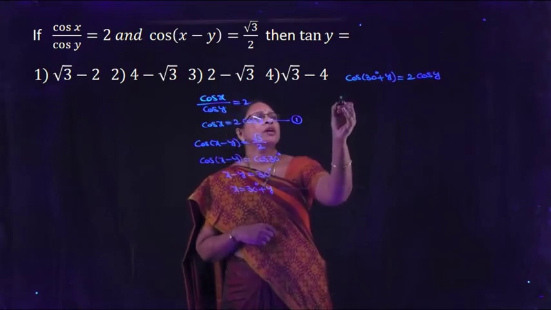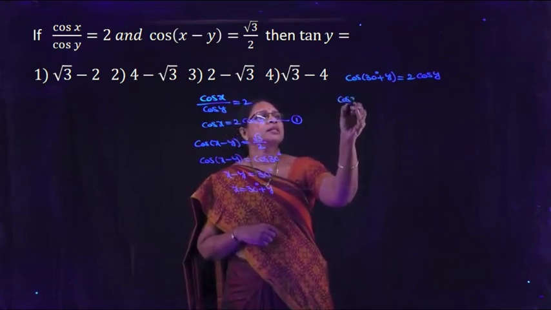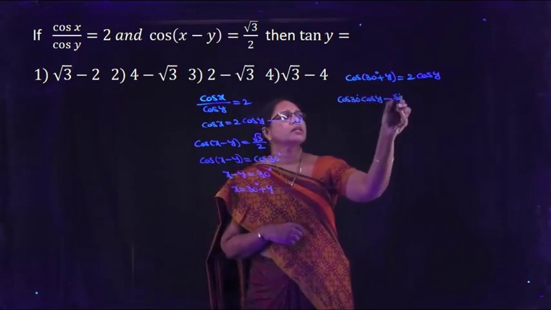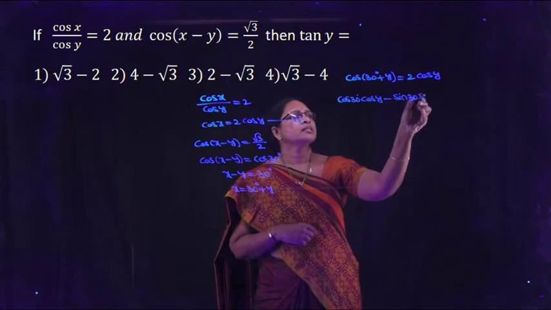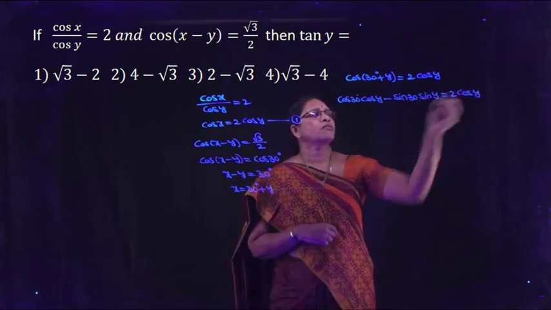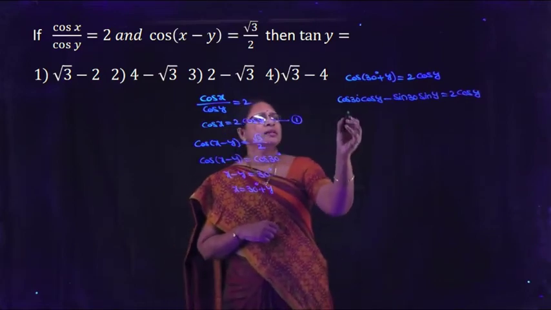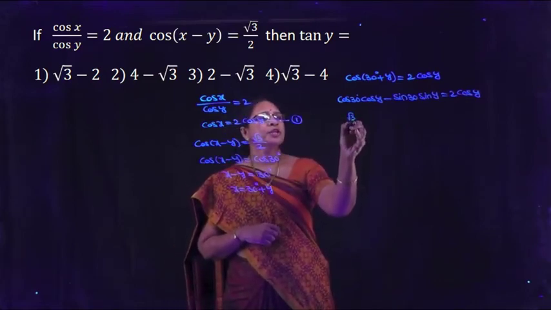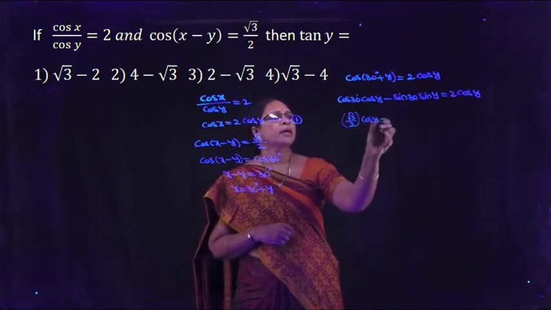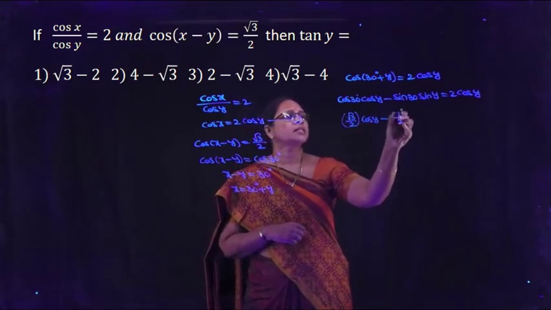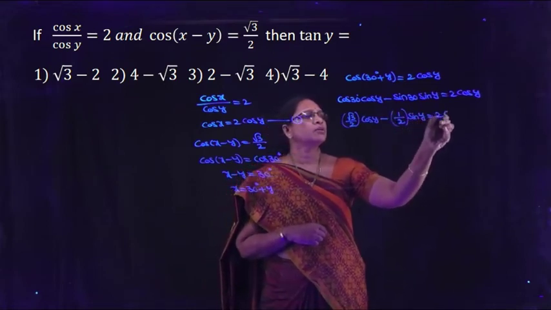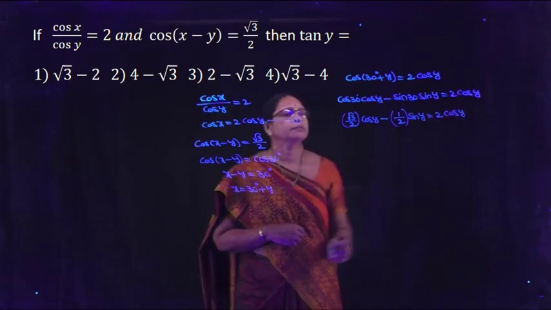According to the formula, cos 30 cos y minus sin 30 sin y is equal to 2 cos y. Here cos 30 is root 3 by 2 into cos y minus sin 30 is 1 by 2 sin y is equal to 2 into cos y.